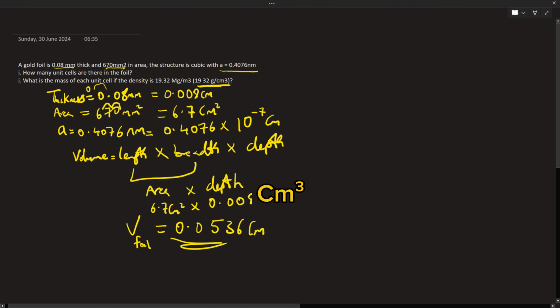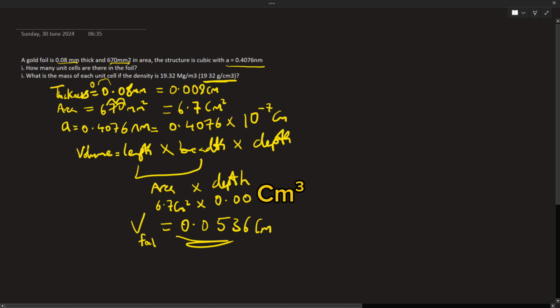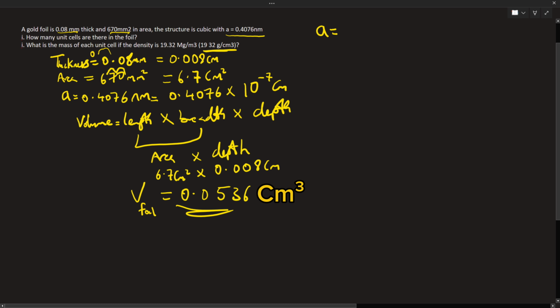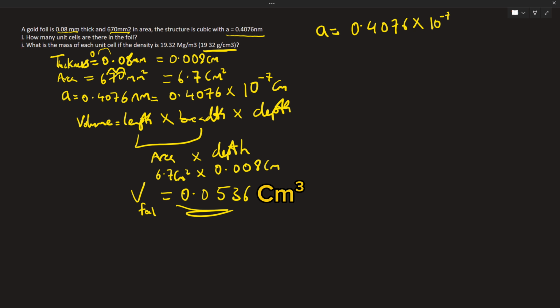So next we have to look for the volume of a unit cell. Given that our a is equal to 0.4076 times 10 raised to the power minus 7, therefore the volume of a unit cell, V, is equal to a cube.